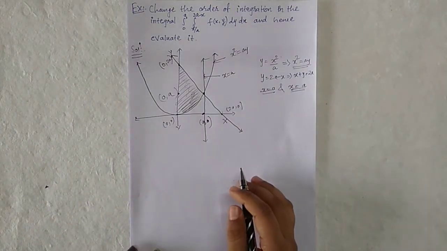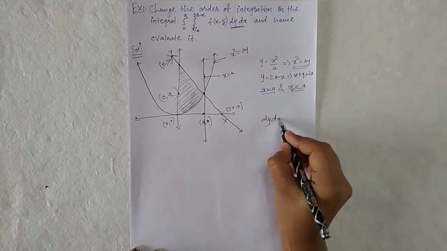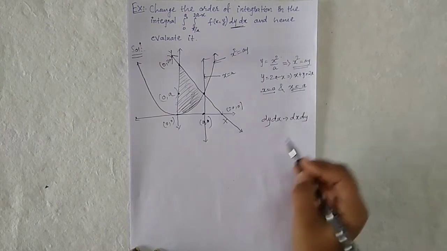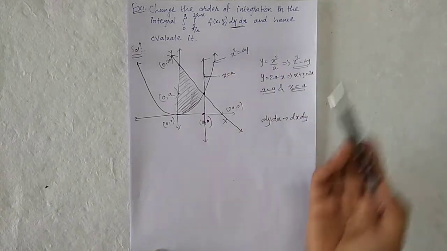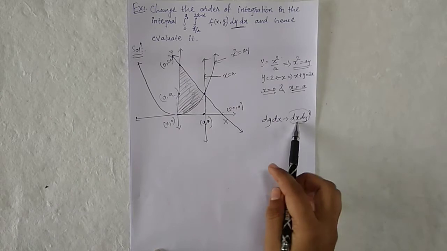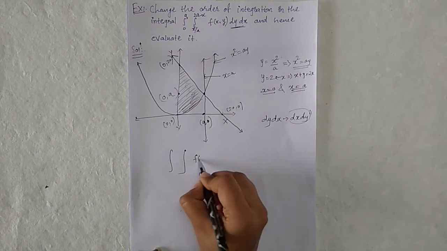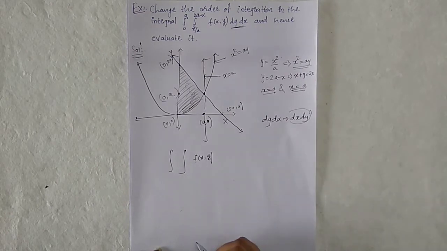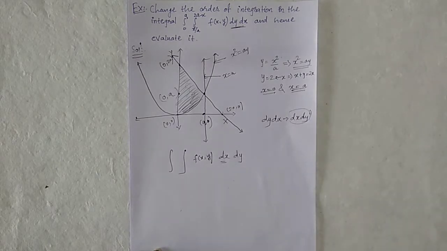In this example, we are going to change dy dx to dx dy. So for that, first we change the limits according to this integration. So the double integration of the function f of xy dx dy. First we are integrating with respect to dx. So here we take a small strip along the x-axis.